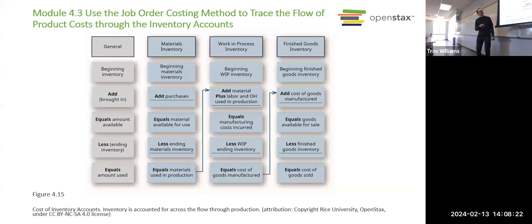Add your new production costs, which includes any additional material, any labor, and any overhead. Then you subtract your work in process cost at the end of the period, and it tells you the cost of the goods that you made during that period.